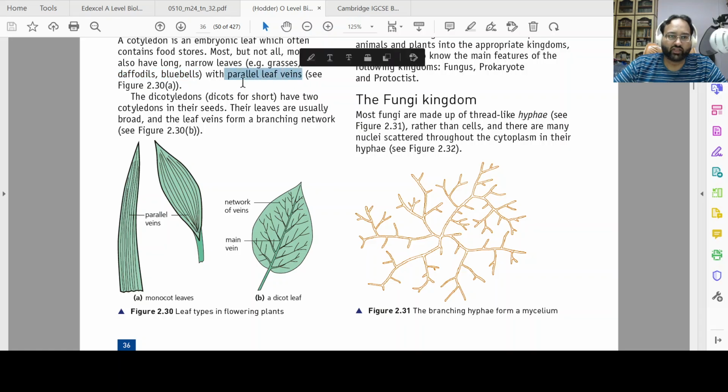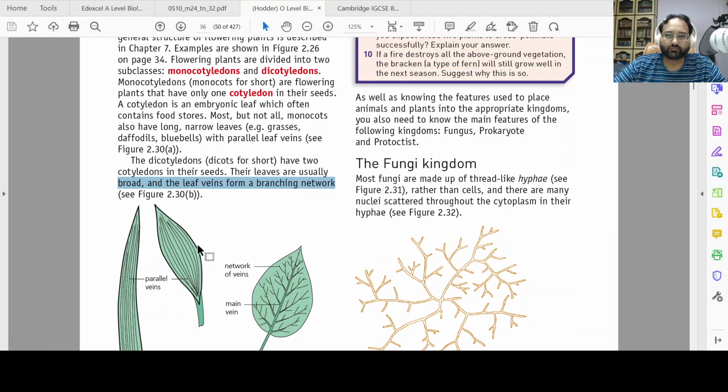The dicots have two cotyledons in their seeds. Their leaves are usually broad, and the leaf veins form a branching network. So you have a main vein coming in, and then a network of branch veins forms from the main vein, and the leaves tend to be broader as compared to the monocots.